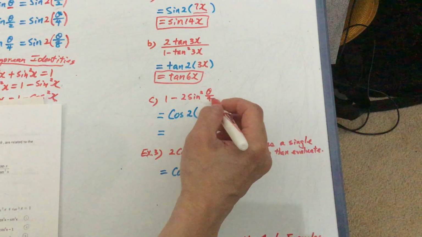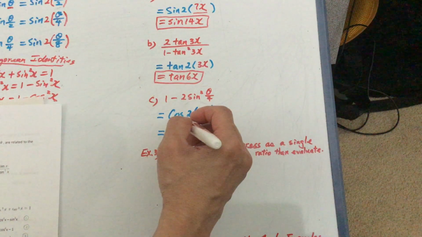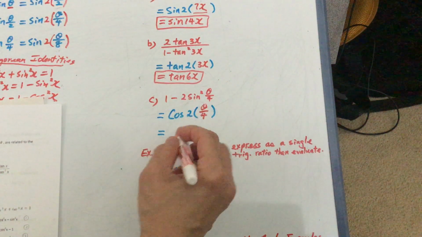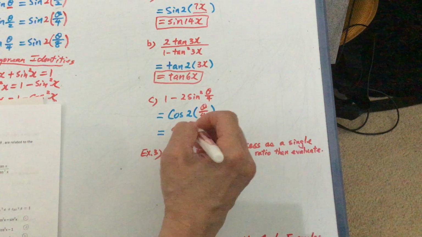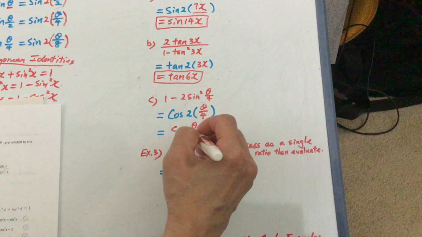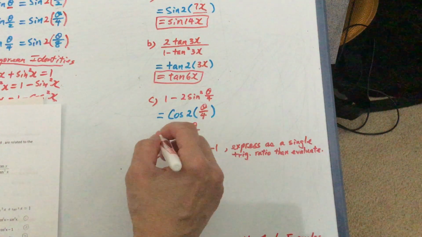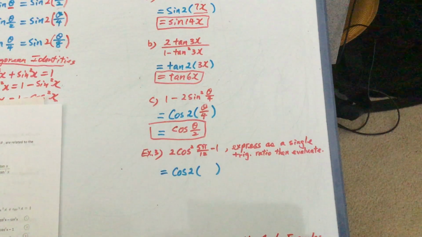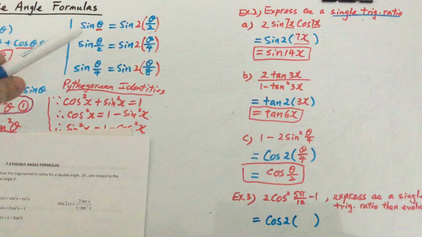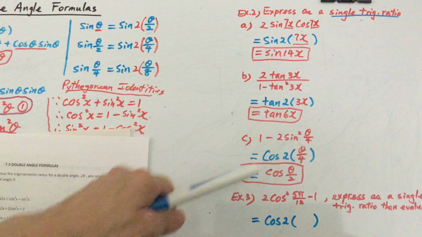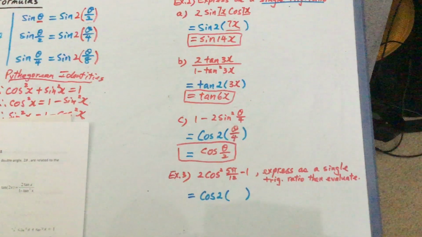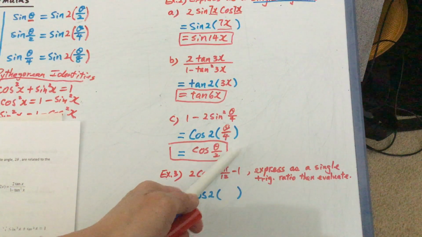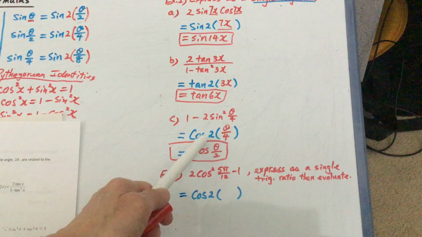So since the theta here is a theta over 4, when you put in a cos of 2 times theta over 4, then after you reduce it, this question actually is the same as a cos of theta over 2. And this is exactly what we were trying to show you over here. In order to get the theta over 2, then my other angle has to be the theta over 4 in the double angles format.